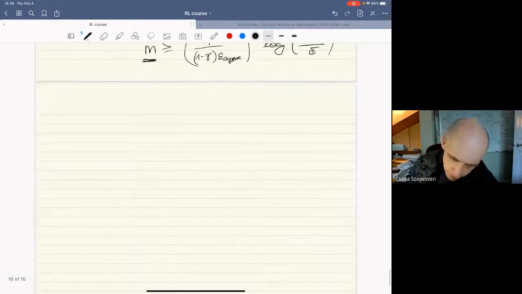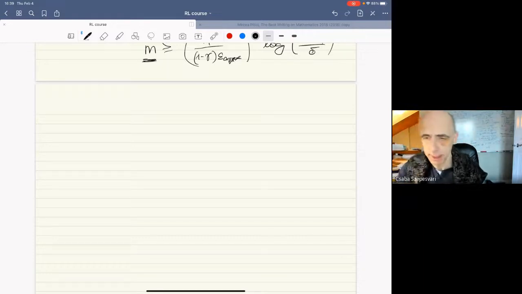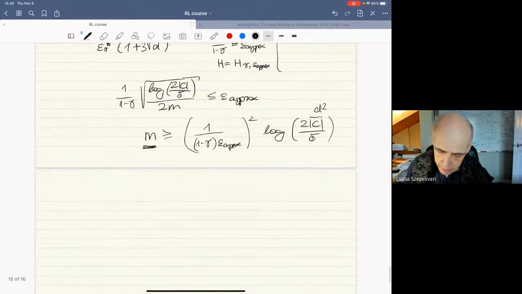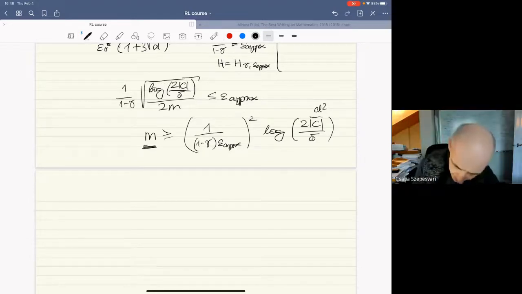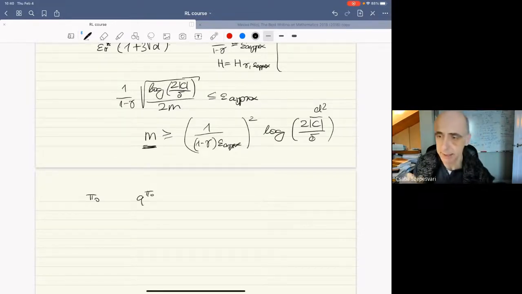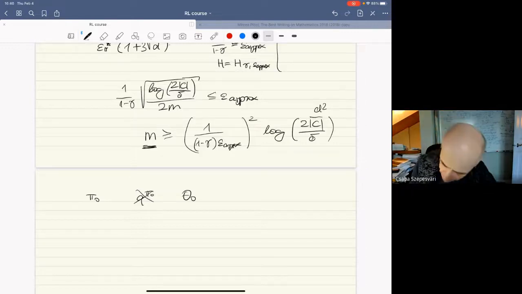The problem is that we wanted to run policy iteration, and the way we are running it, every time we evaluate the policies, we introduce some error. So how are we going to do this? You start with a pi naught, and then you want to evaluate pi naught. Normally that would be calculating this, but that's too hard to calculate. So you're going to calculate some coefficient, and then use phi theta naught.